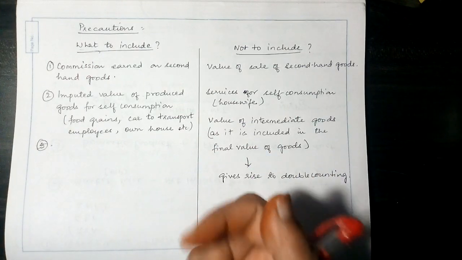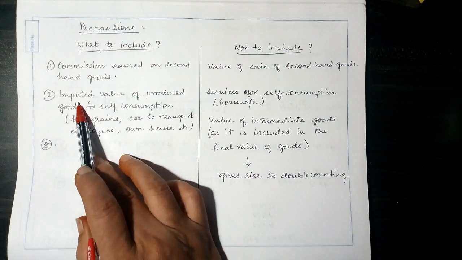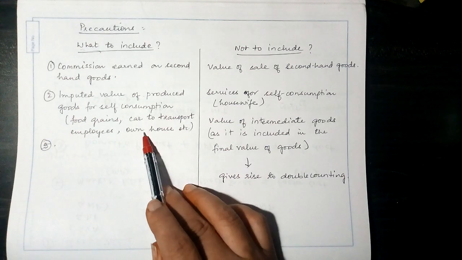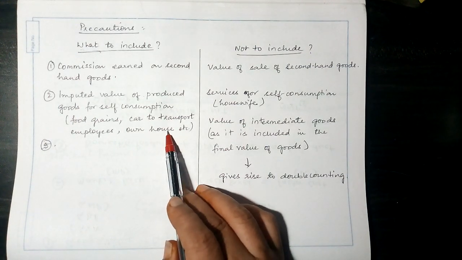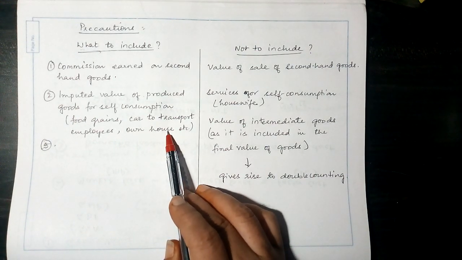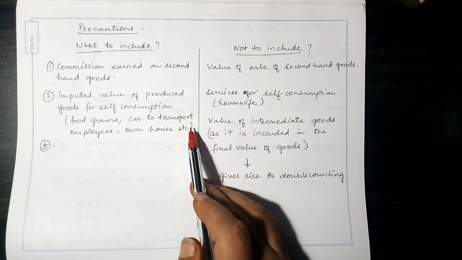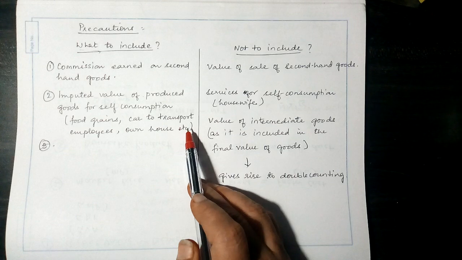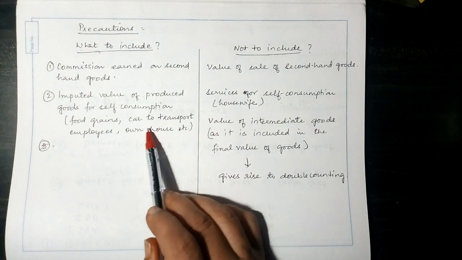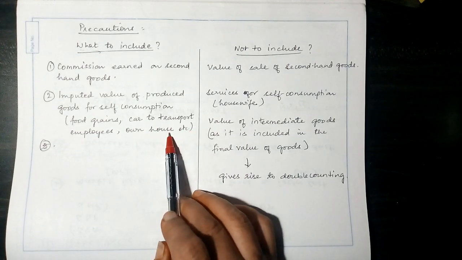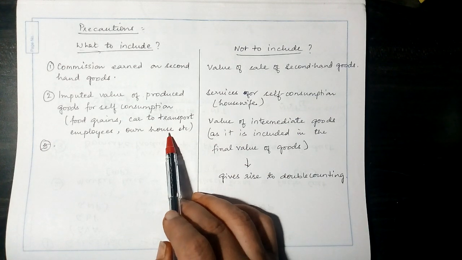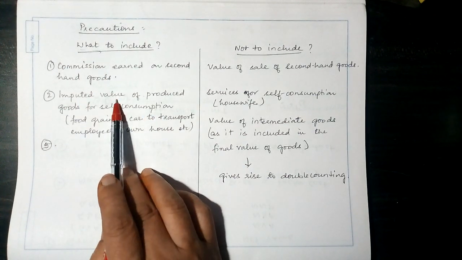For himself, that value would be called the imputed value. Now the own house. For example, he uses his own house to produce some goods. Then what is the rent that he would pay had it been somebody else's? But now because he is using it for himself, what is the value that he would pay as rent? That would be called the imputed value.